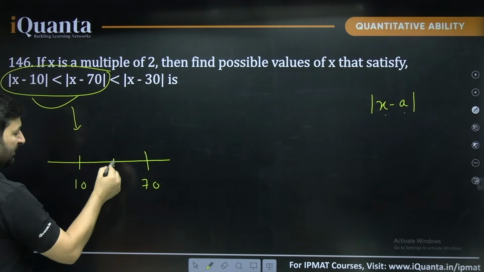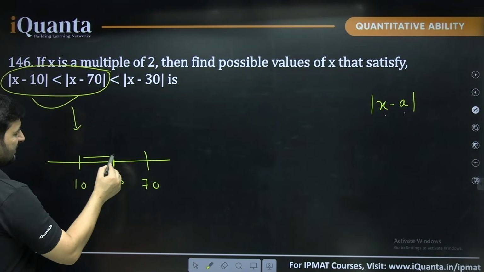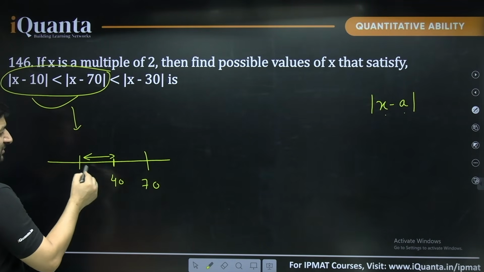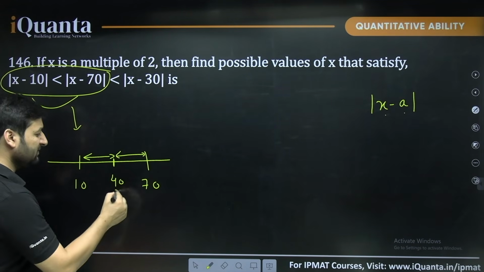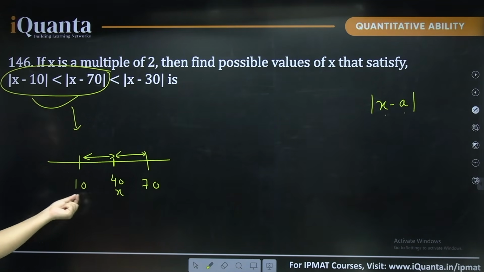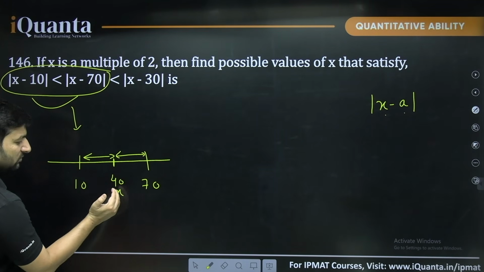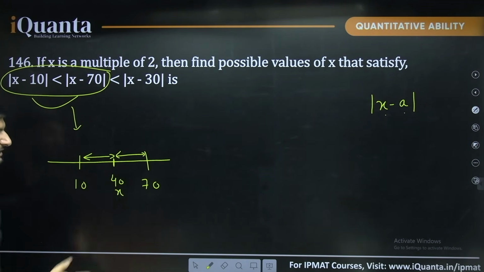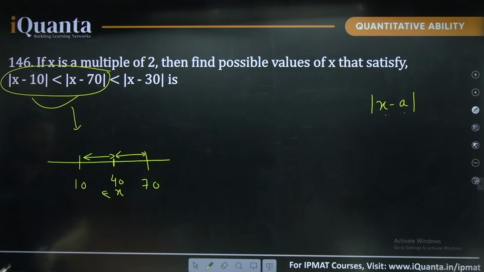Exactly between 10 and 70 we have 40, 10 plus 70 by 2, 40. This 40 is at a distance of 30 from 10 as well as at a distance of 30 from 70. So if my x is 40, I am equally distant from 10 and 70 both, but I want my x to be closer towards 10 than 70. So obviously x should be towards here, isn't it?